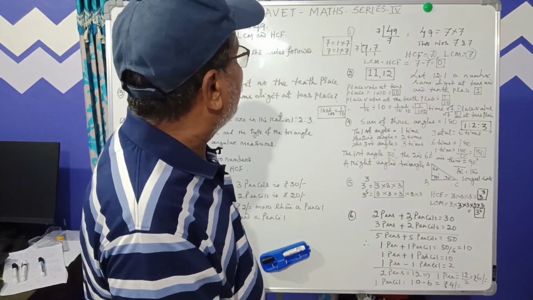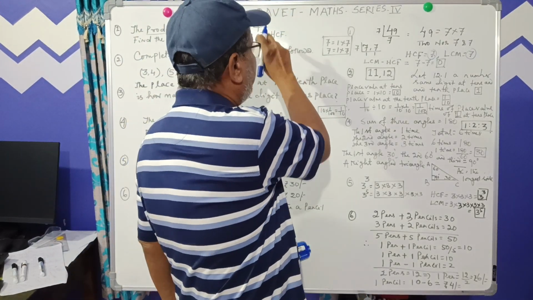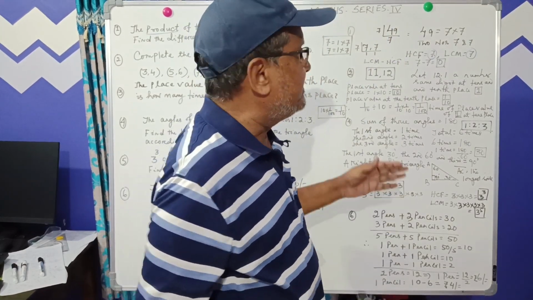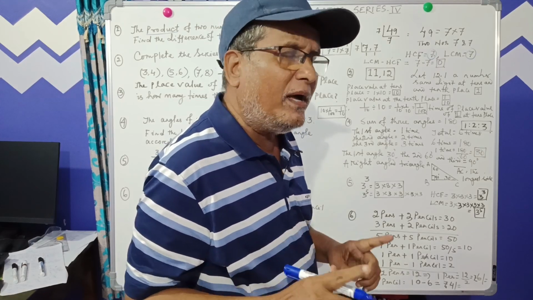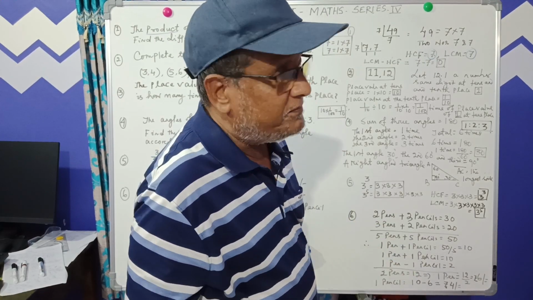So how to find out the two numbers, because the product is given? Now you see 49. Let's find out the prime factors. You know, one is a common factor of every number.